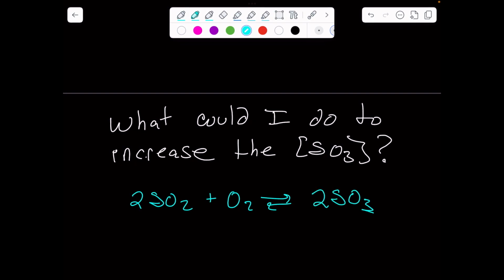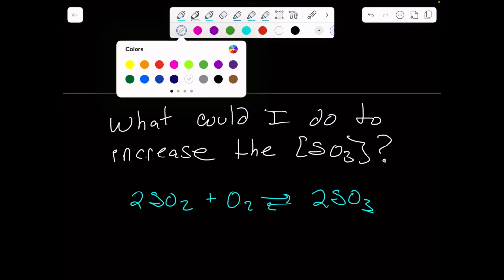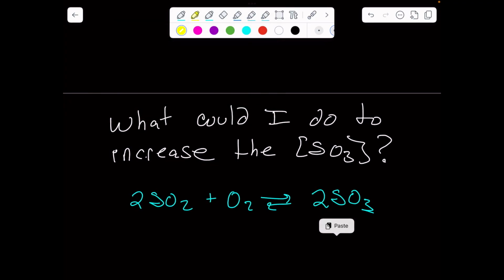Okay, so this is asking, what could I do to increase the concentration of SO3? So what I'm saying is I want the reaction to make more SO3. So I want this to be made. How do I make that happen? Well, first of all, which way do I want the reaction to go? I want it to go in the forward direction to be making more SO3.